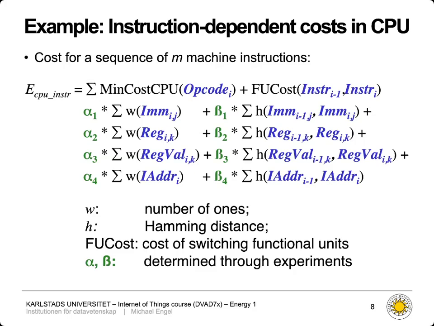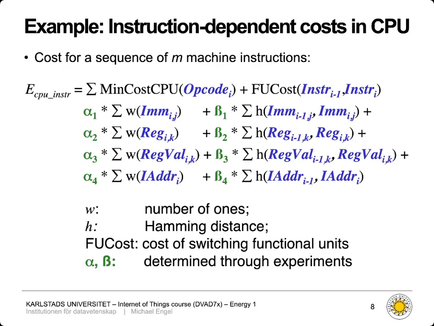So the cost of a sequence of M machine instructions, for just the CPU instructions, is the cost of actually executing the opcode plus the cost of switching the function units. So if we have, for example, an addition followed by a branch, we need to switch between these units in the CPU, and then all the other impacts of parts of the instruction flow.